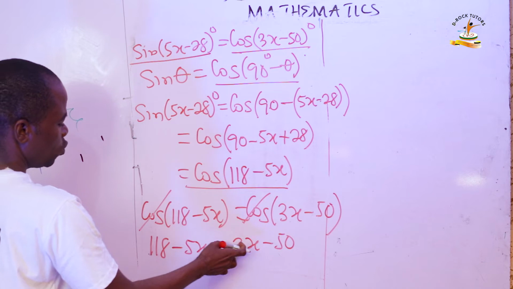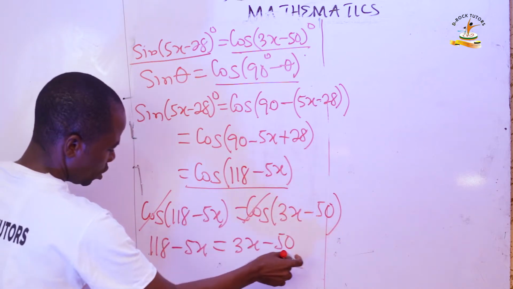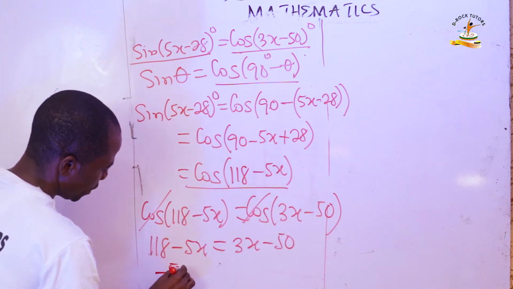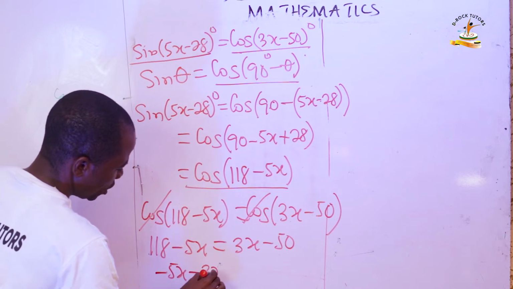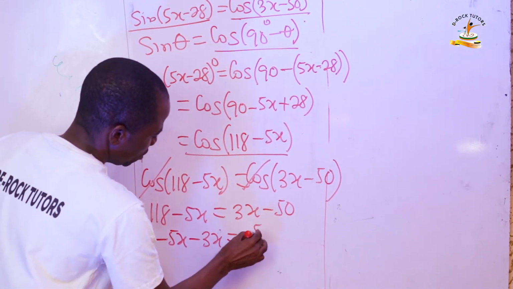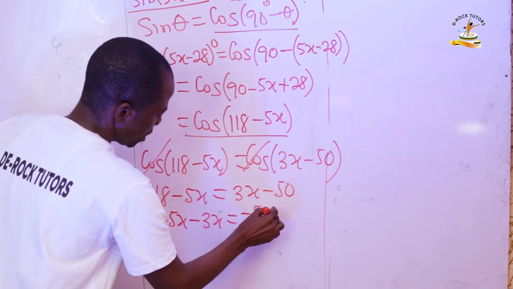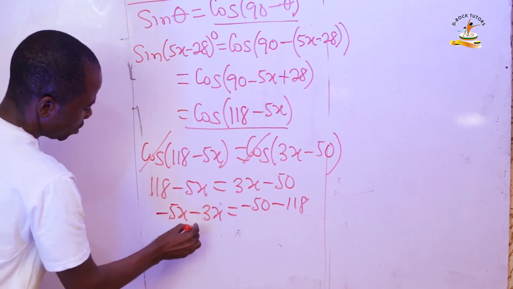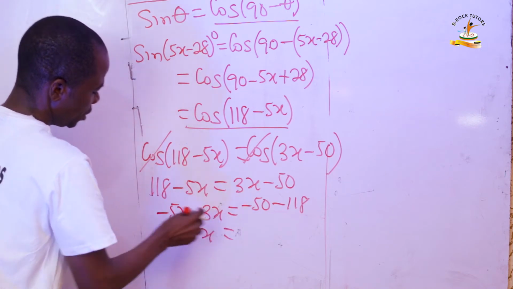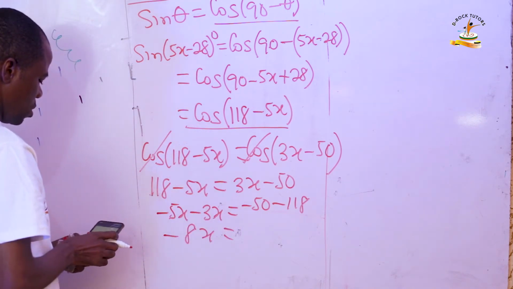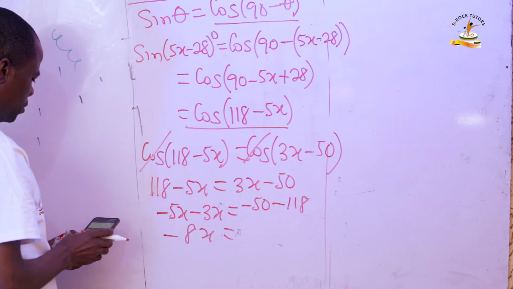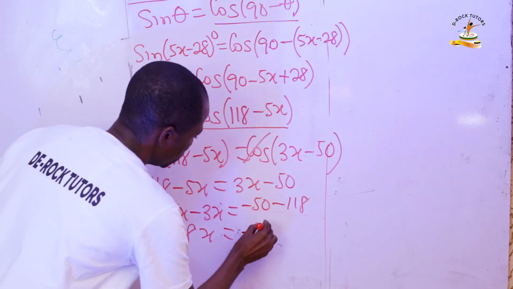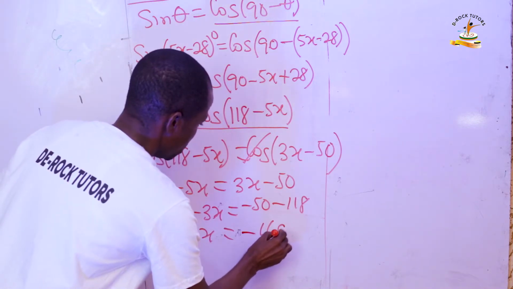Then we can bring this one here and take this one to the opposite side. So minus 5x minus 3x is equal to minus 50. When this one goes to the opposite side, minus 118. Minus 5x minus 3x gives us minus 8x is equal to, so minus 118 minus 50 will give us minus 168.